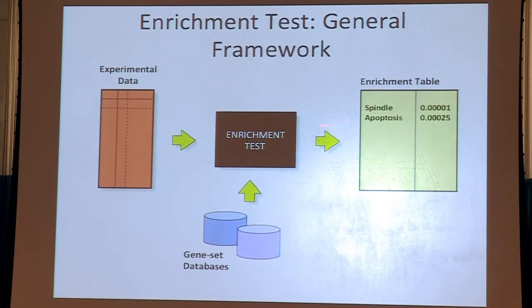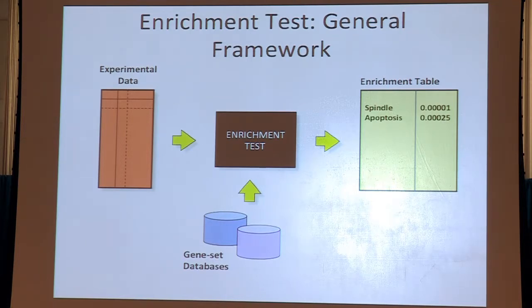So here's a couple of pathways involved in, say, spindle assembly and apoptosis. If half the genes in this list are involved in apoptosis, that's many more than you would expect if you just randomly selected genes in the genome. Then that's enriched, and you can assess the p-value of that and get a score for how enriched that is.